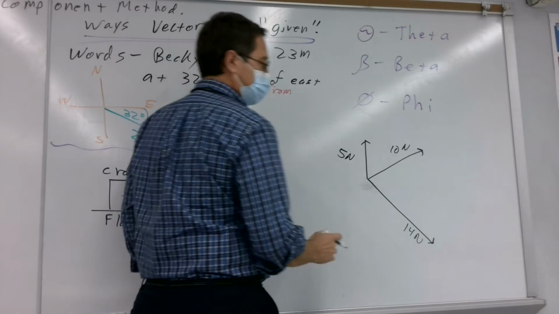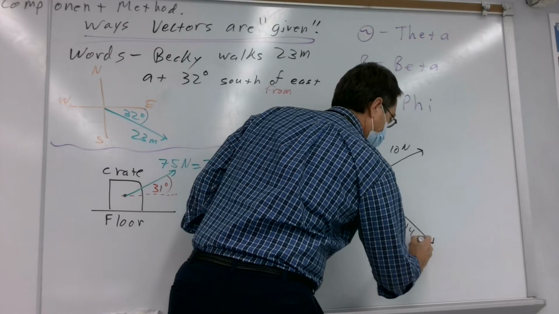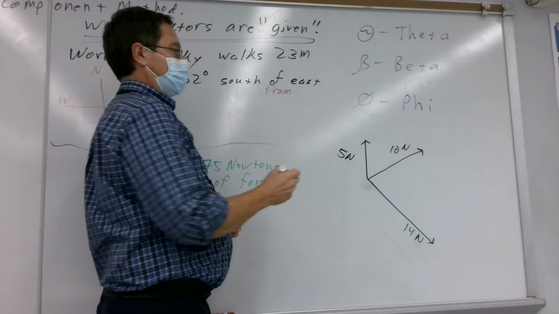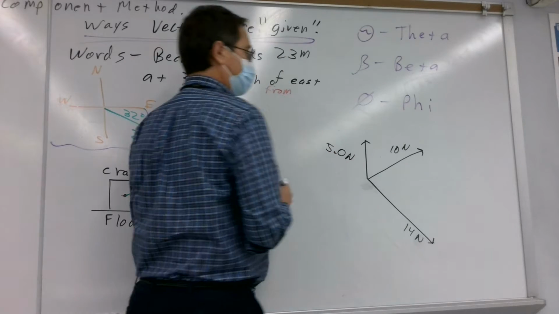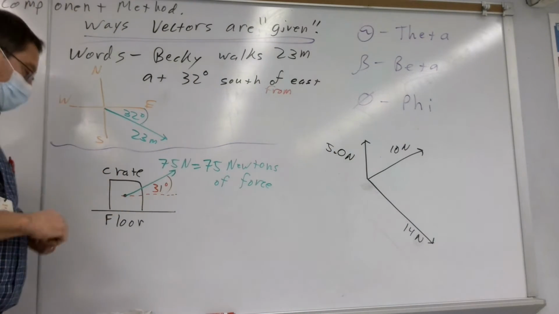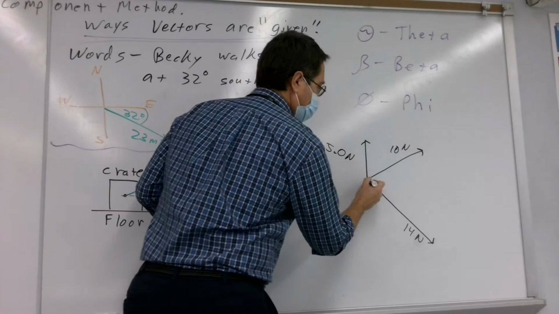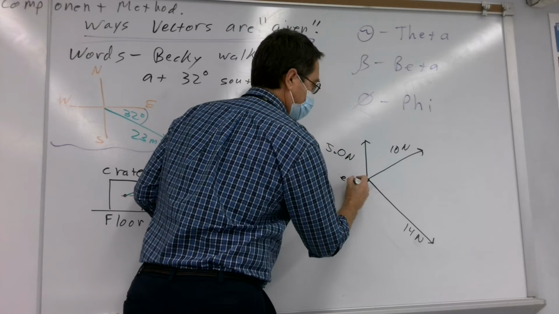And I realize that these amounts of force are really too low for an elephant, but I want to keep the numbers reasonably small. So let's make this 5.0, so I have 2 sig figs. All right, so here's the elephant, right?